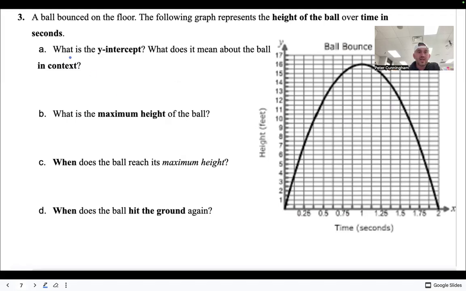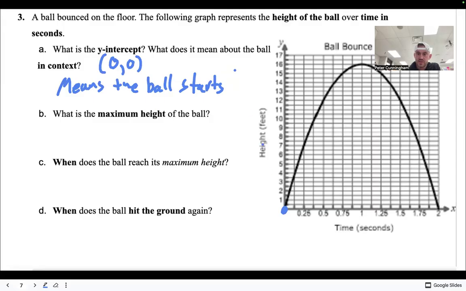All right, so what is the y-intercept? The y-intercept, that's right here, right? It's 0, 0. What does it mean in this context? It means that the ball starts, right? 0 seconds.